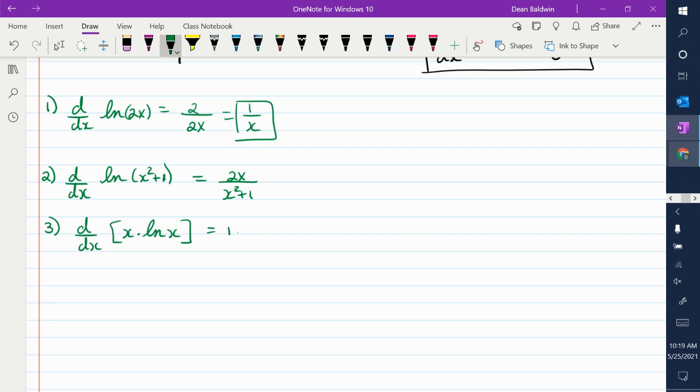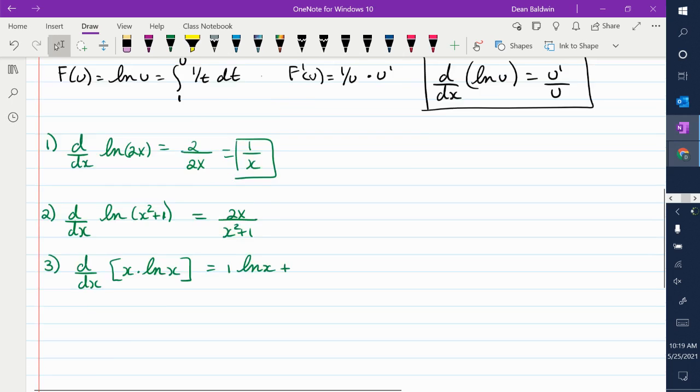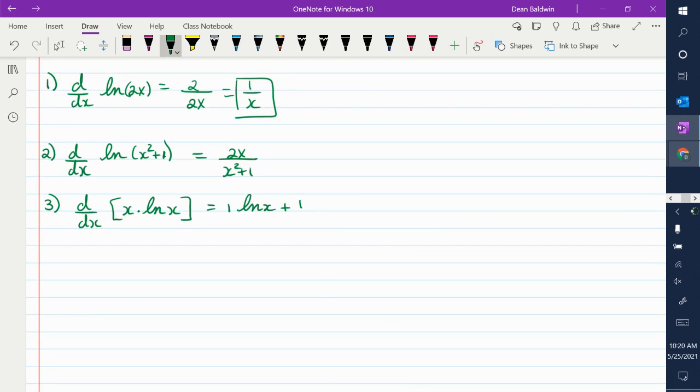That's just 1 times the other function plus the derivative of the other function. What's the derivative of natural log of x? 1 over x times the first function, which is just x. What's x times 1 over x? 1. So my answer is just natural log of x plus 1.